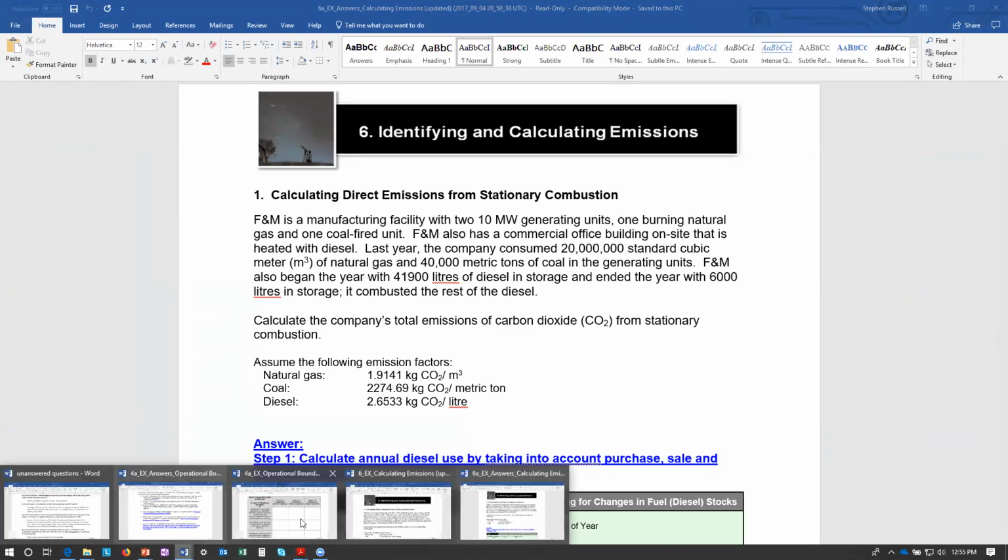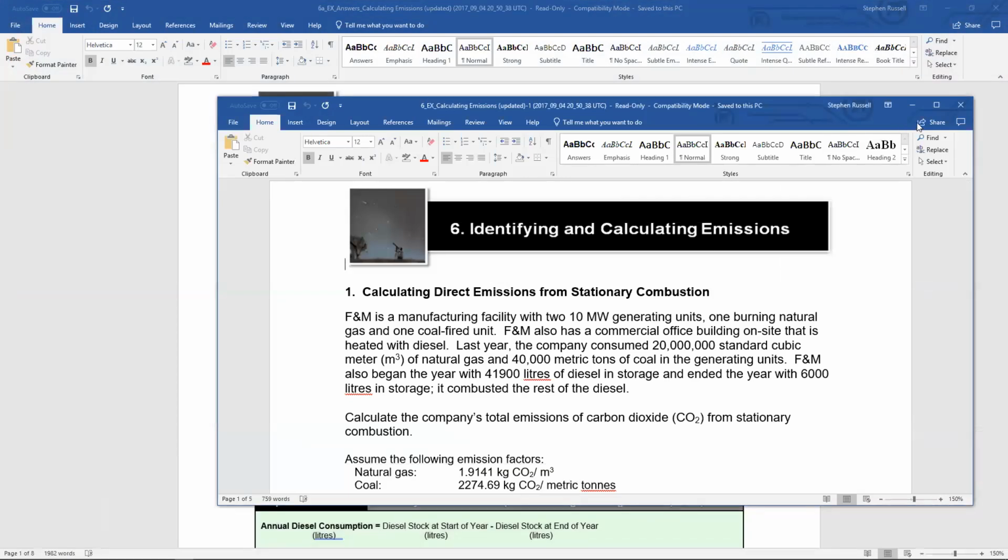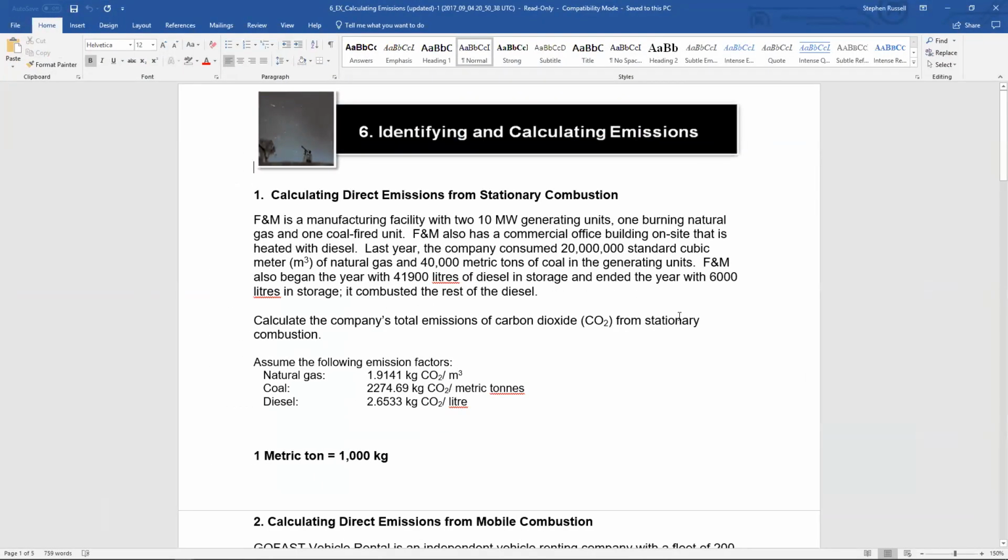That's the answer sheet, which I don't want to share with you just yet. Here is the question sheet. I'll give you a few seconds to load it yourself. It's going to be a more involving exercise than the one we just did for lesson 5 on tracking emissions, so it'll take a bit longer to complete.